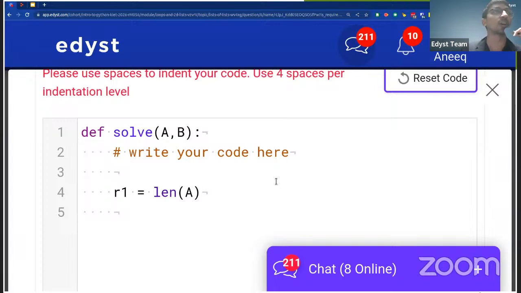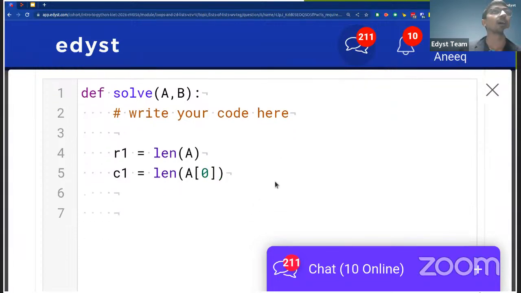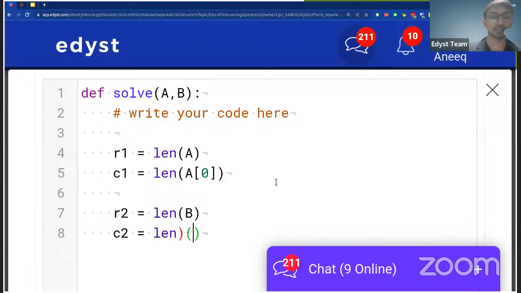Okay. So I got R1 like this. How do I get columns of A? C1 is equal to len of A of 0. Very good. Somebody has studied. How do I get rows of B? R2 is equal to len of B. C2 is equal to len of B of 0.